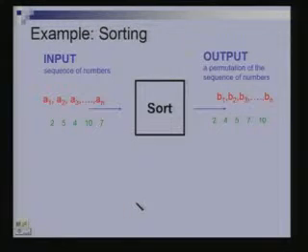Okay, so we need to take an example now. I'll take an example of sorting. You all know what sorting is. The input is some sequence of numbers. The output is a permutation of the sequence, which is in non-decreasing order. Okay? So if this were my input, this should be my output.